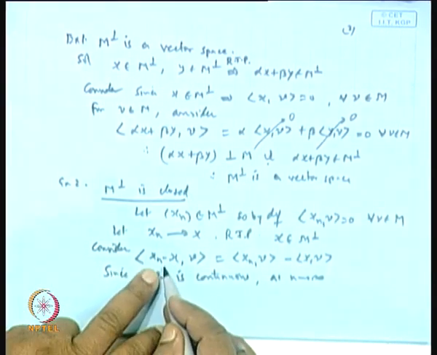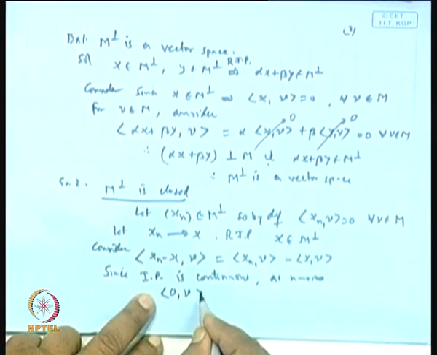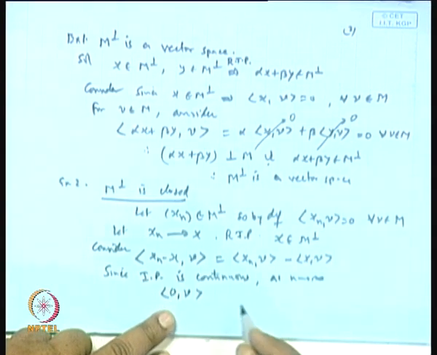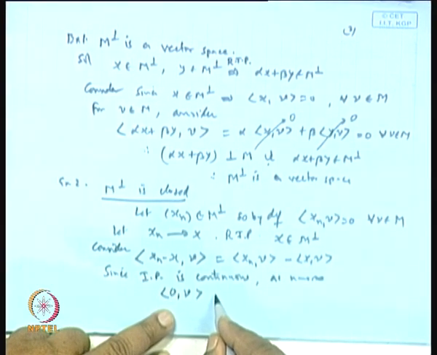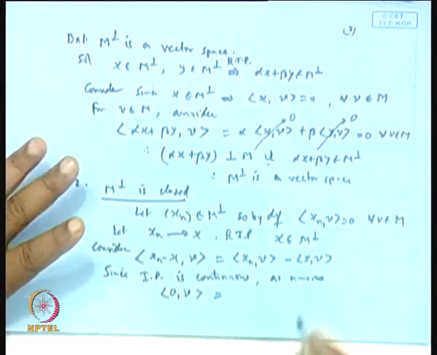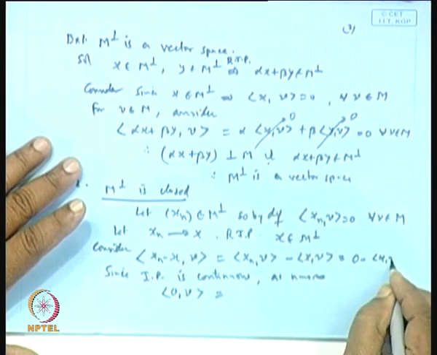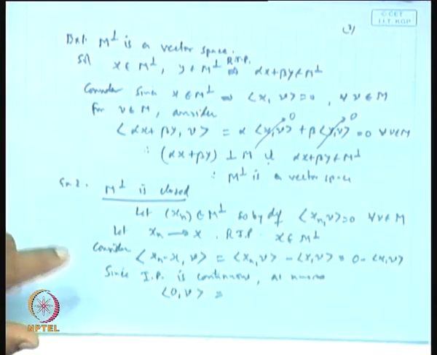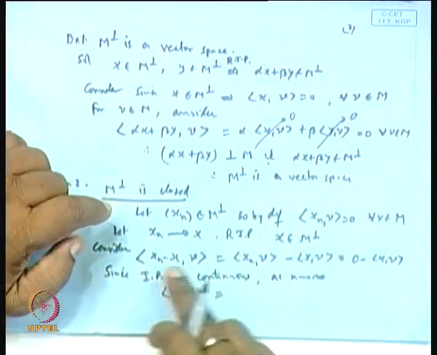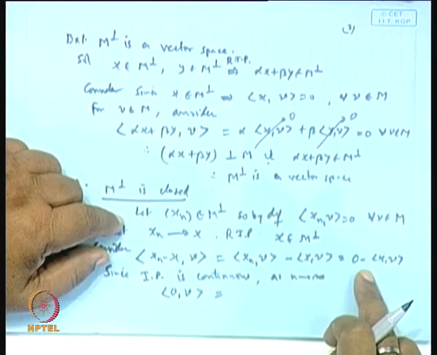So, this limit will go inside. So, the left hand side will be 0 comma v. Okay. Clear? And the right hand side, this can be written as 0 minus the inner product of x and v. Why? Because x n is a point in M perpendicular. So, the inner product of x n and v must be 0.